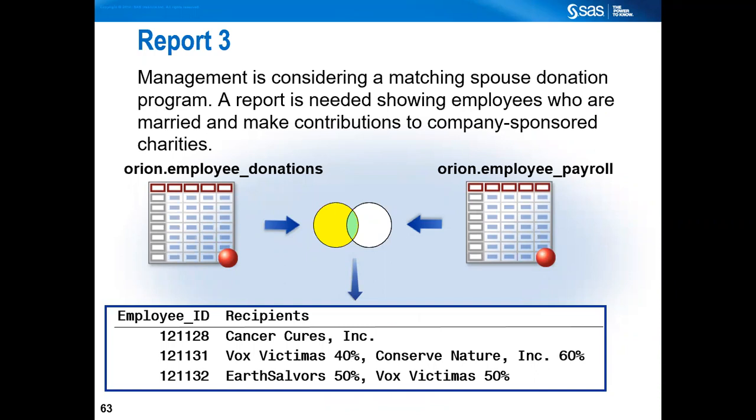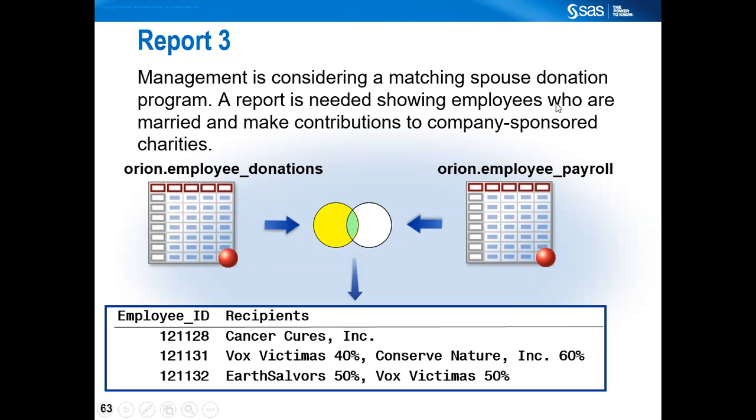So donations will give you the information for all the employees who are donating, whereas employee payroll is the general table for all your employees, irrespective whether they are donating or not donating. Agreed? Yes, agreed.